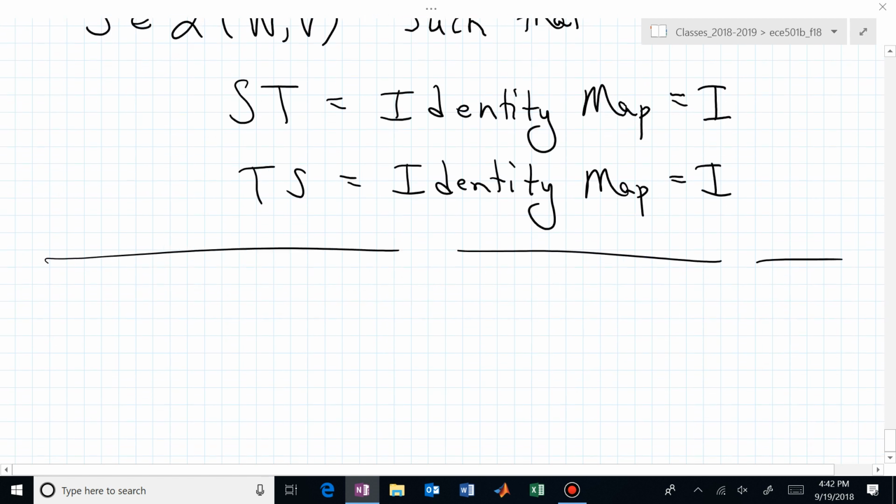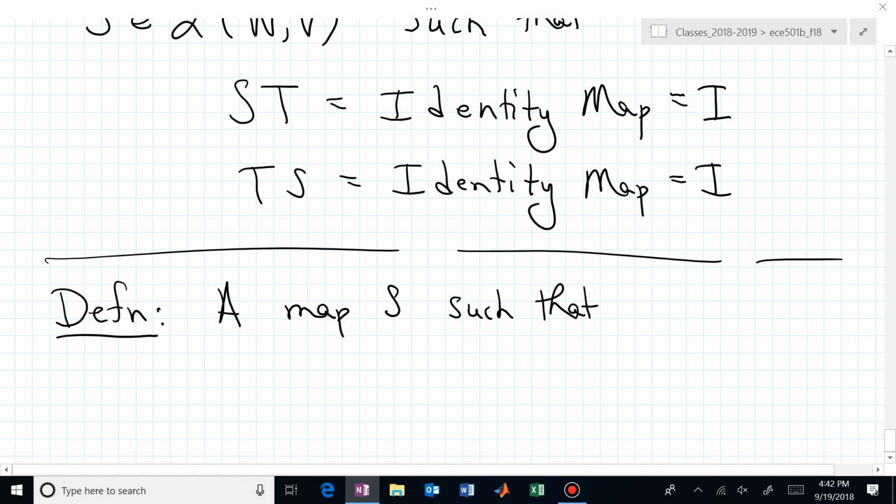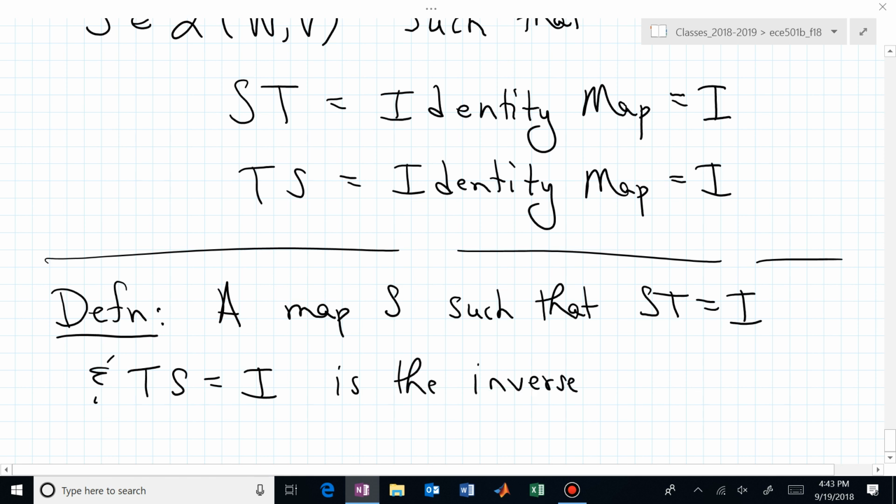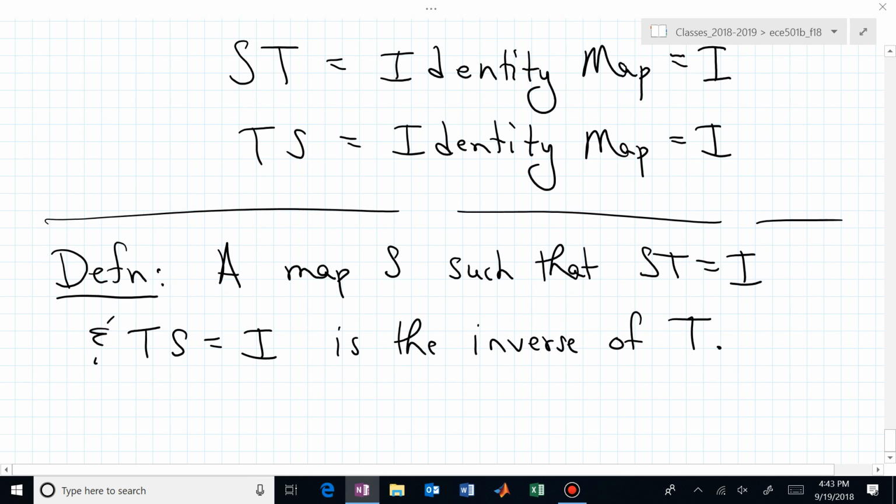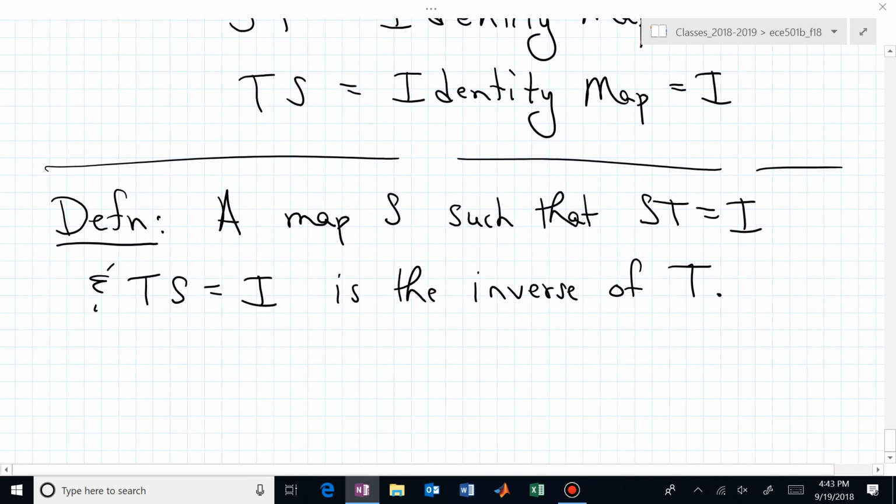Here's a definition. A map S such that ST is equal to I and TS is equal to I is the inverse of T. That's the definition of an inverse.